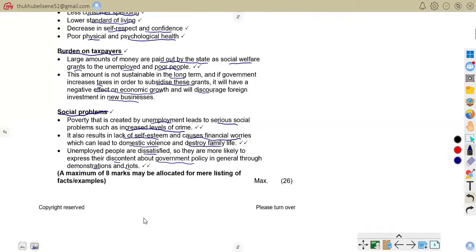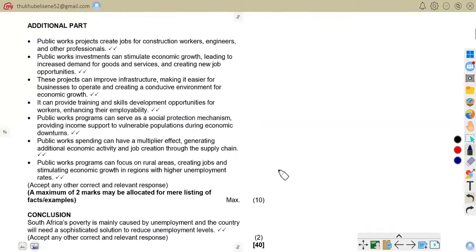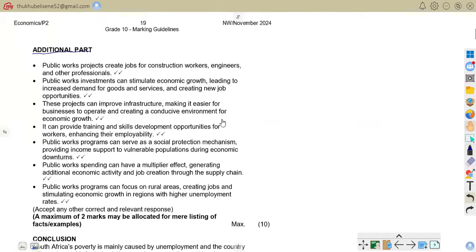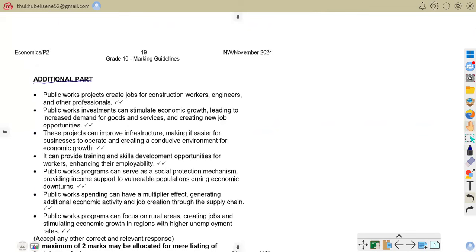So that is that. Now we come to the additional part of our essay. As it says, public works projects create jobs for construction workers, engineers, and other professionals.